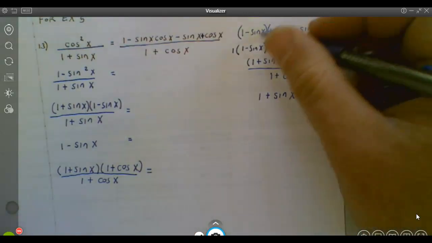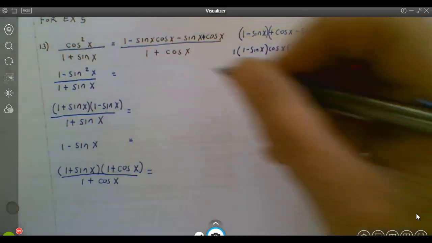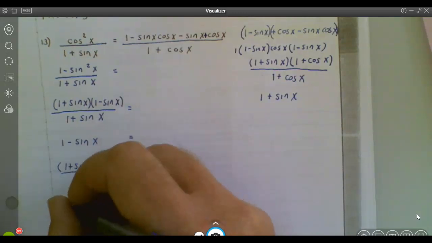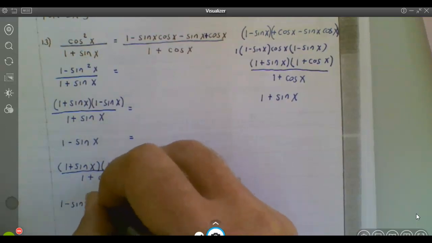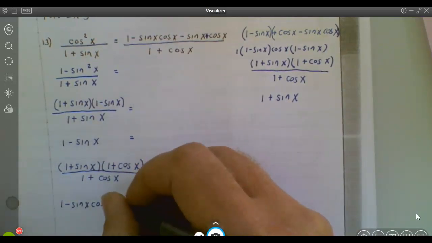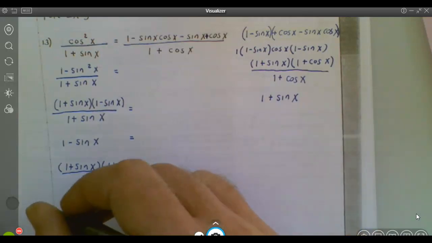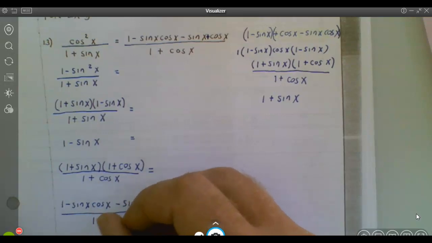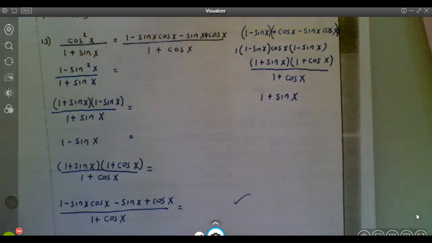And so I can really leave out the side factoring work that I was trying to show you for where those factors came from, and just trace it back to the original step of saying 1 minus sine cosine minus sine x plus cosine x all over 1 plus cosine. And that's it. Now the left side equals the right side, and we have our proof.